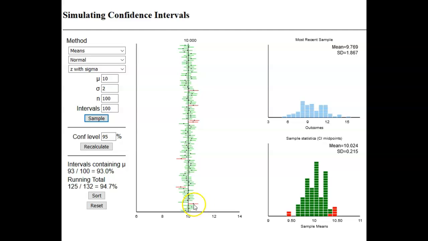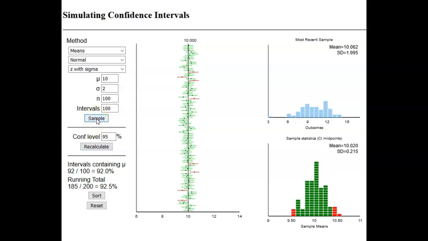Here the interval is outside of that. It doesn't contain 10, okay? So there is some error that evolves with our level of confidence. If we continue to do that, you can see here, a lot of them do work for us, but those red ones do not.